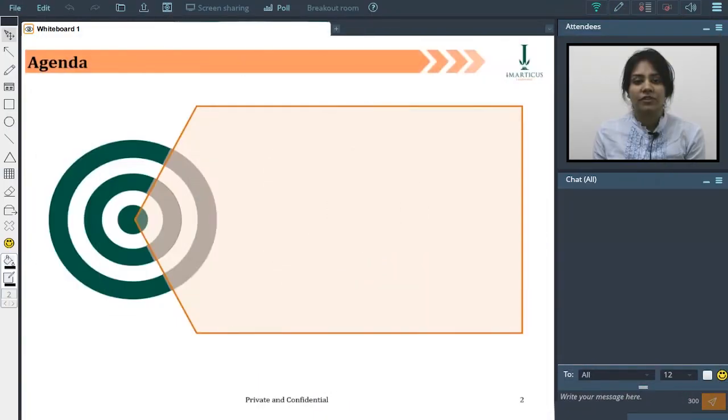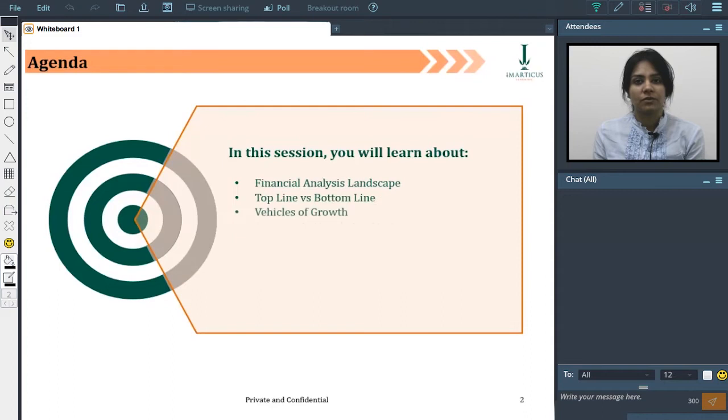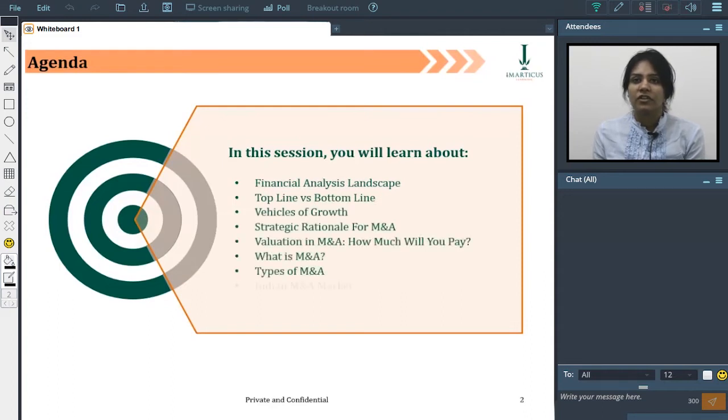Let's look at what we're going to cover in the M&A module. Number one, we're going to look at the financial analysis landscape or the financial ecosystem that is present out there. Secondly, we're going to look at how companies look to achieve growth, that is a top line growth and a bottom line growth.